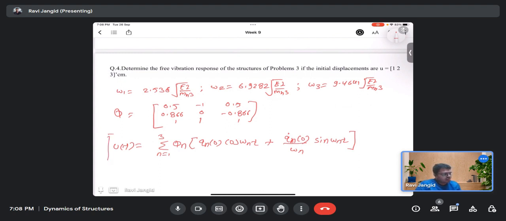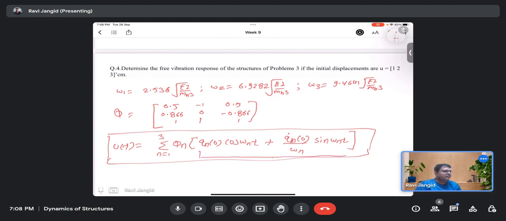This is the u(t). This is a simple expression we have used for the SDOF system.